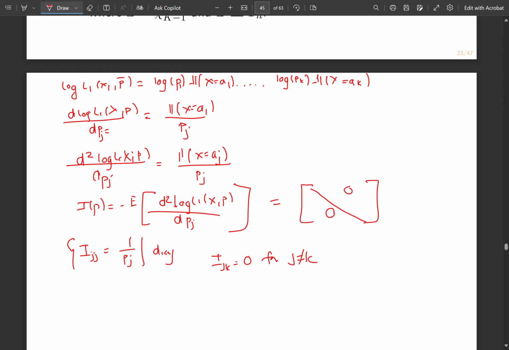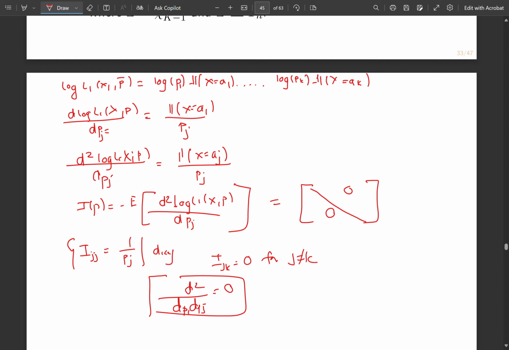And how does this come to be? This is because the second derivative d square d p1 derivative pj is equal to 0.